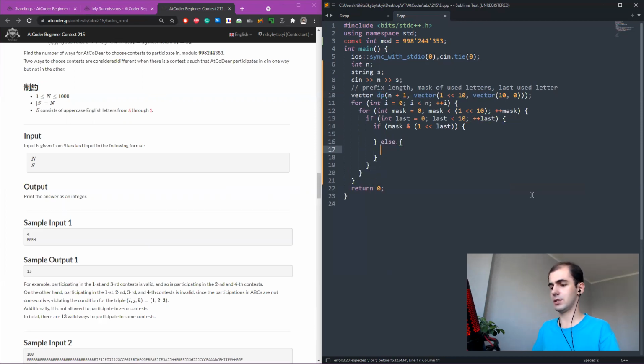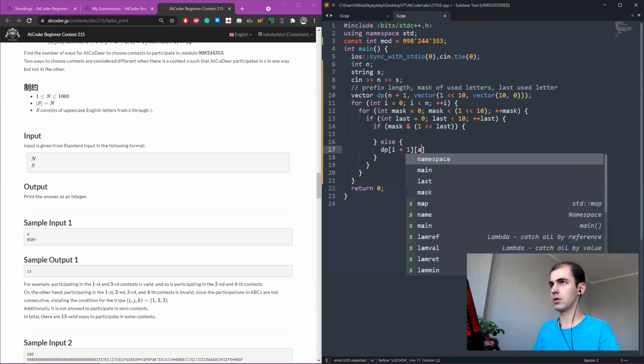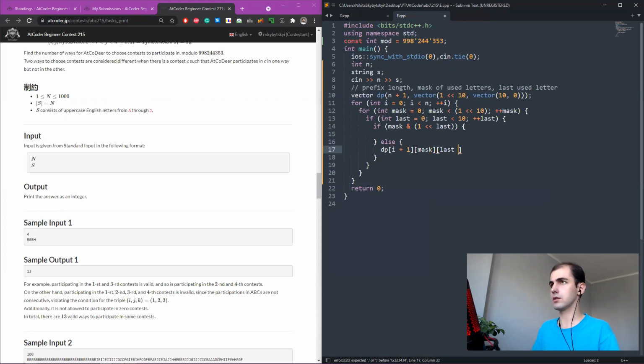We can even specify that explicitly if you want me to. It is equal to 0. If this bit, however, is set, then there are two cases.